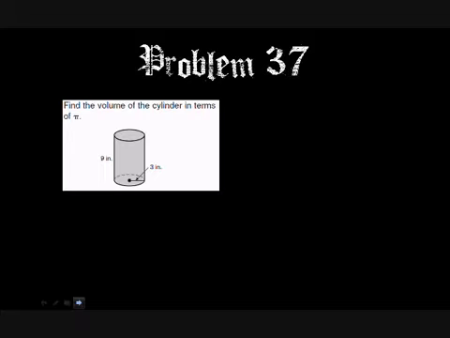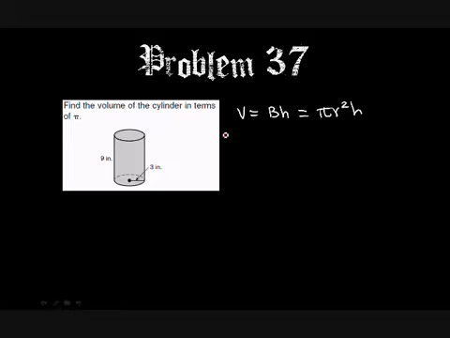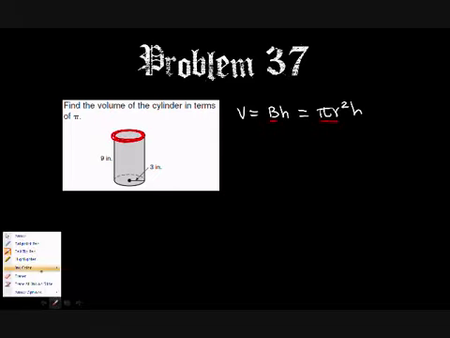Okay, problem 37 says to find the volume of the cylinder in terms of pi. And so we have volume equals area of the base times height. Your formula chart may have pi r squared h. It's the same thing because in this case, to get that capital B, the area of the base, that's a circle, and so the area of the circle would be pi r squared, which is where that comes from.